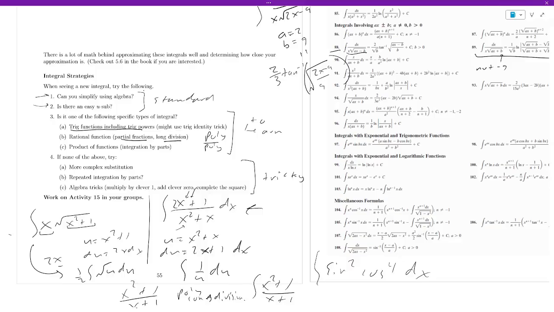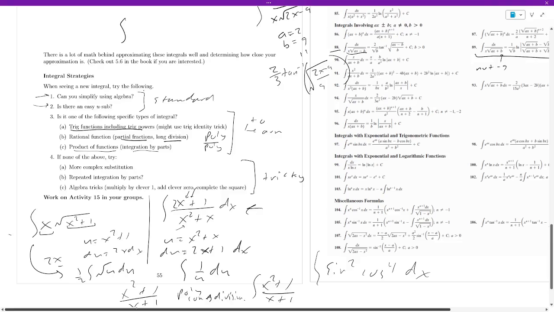Cool. Then the other template we've seen is products of functions. This is a little bit more generic. Maybe I could lump this up here with the u-sub, maybe that's more standard. But integration by parts is bread and butter. It's not always easy to identify exactly what the right choices of u and dv are, but there are only so many things to try, and you can just try it and see what happens. Classic integration by parts is something like x times sine of x.